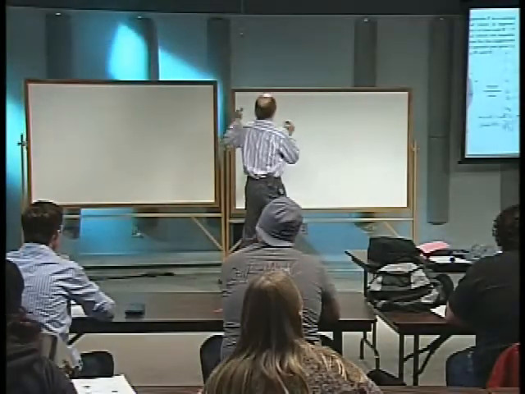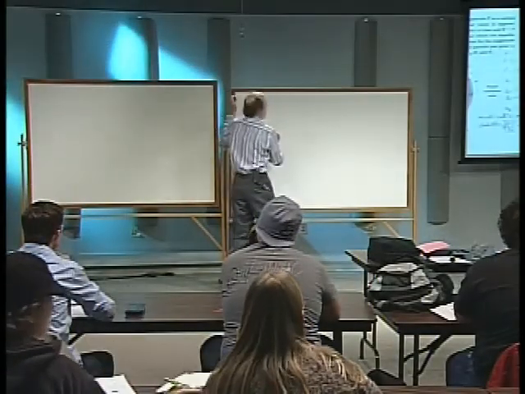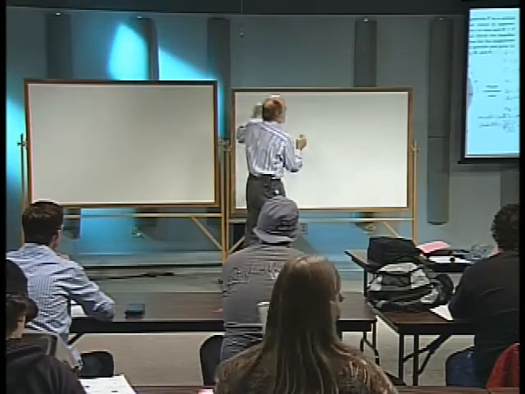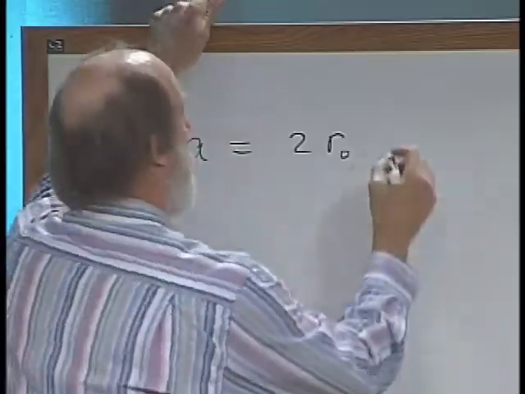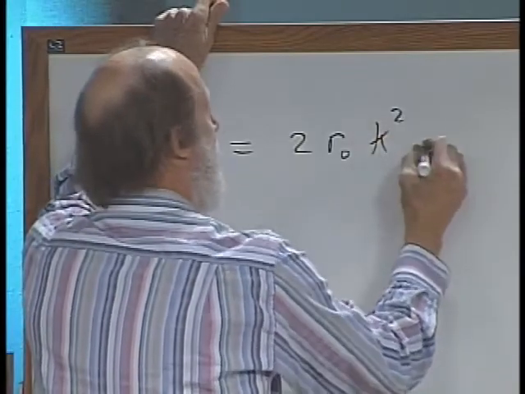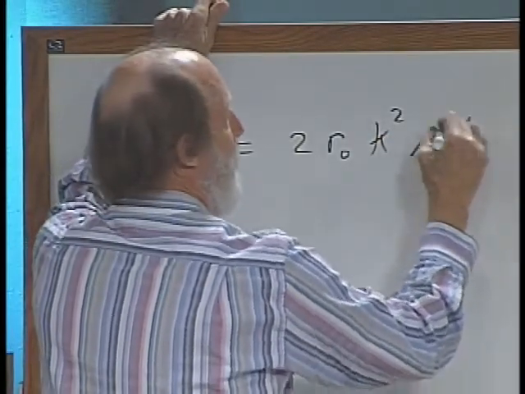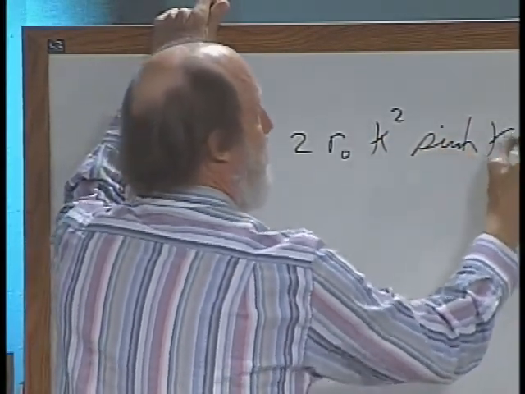So we have that the acceleration on the right over there is twice the initial radius, kappa squared, times hyperbolic sine of kappa t.